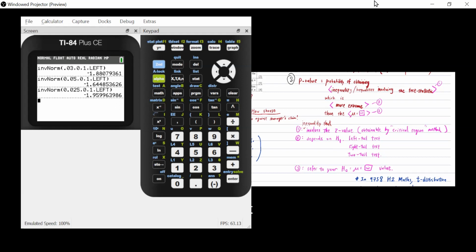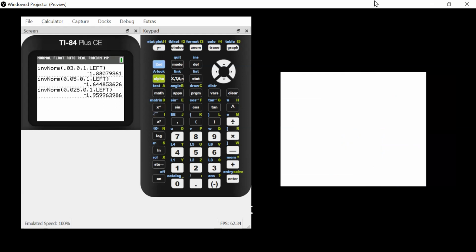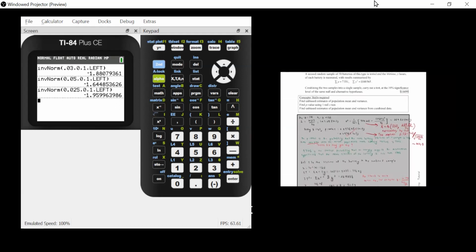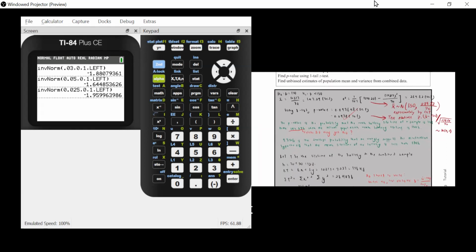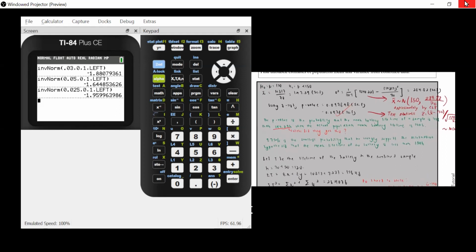Now, let's see. Yeah, so in this case, okay, hold on a second. Let me see. Okay, here they're just using, I think it is the same format, right?